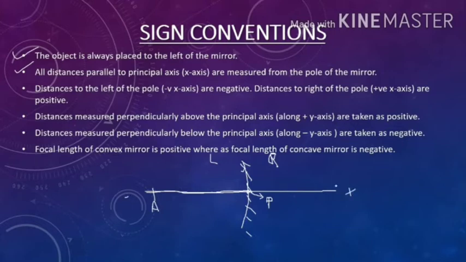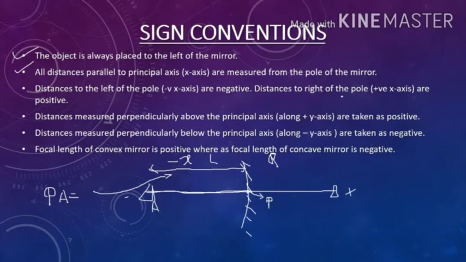All the distances to the left of the pole are negative. It means if we measure this distance P to A, it is x, but in terms of sign conventions, PA must be minus x.